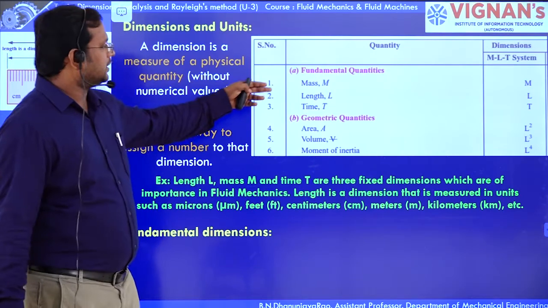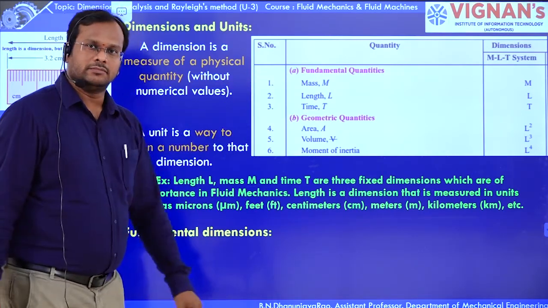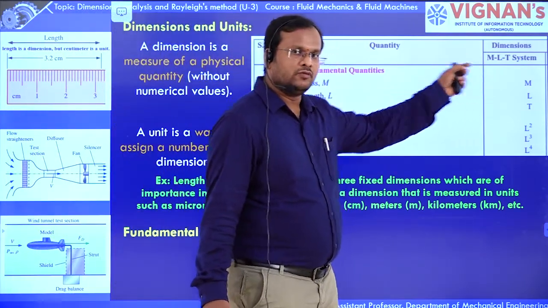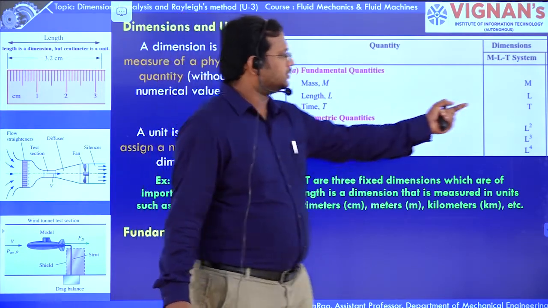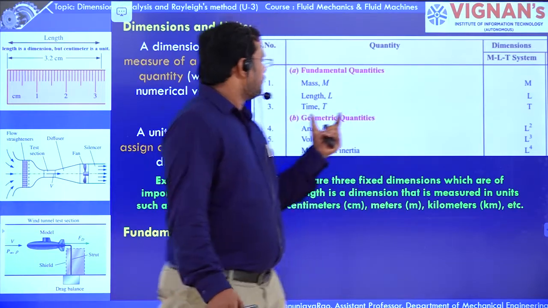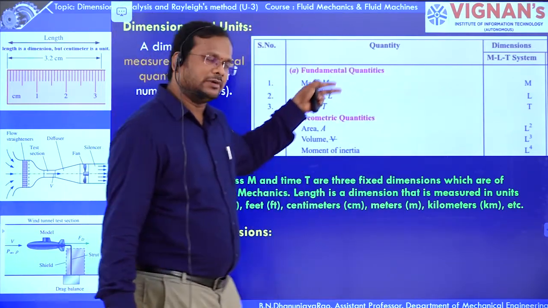Here you can see there is mass, length and time. For length, what is the dimension? It is L. For mass, it is M. For time, it is T. These are the fundamental dimensions.